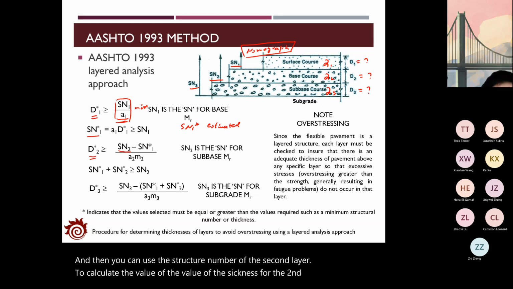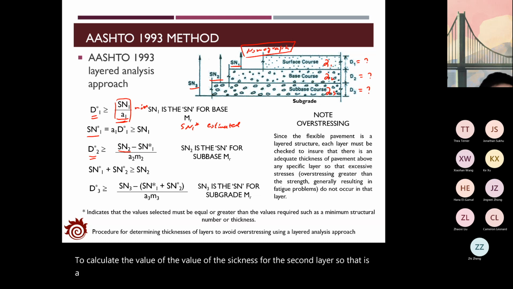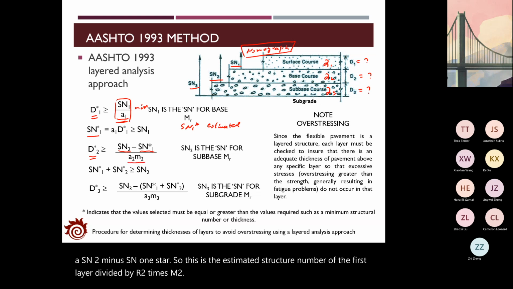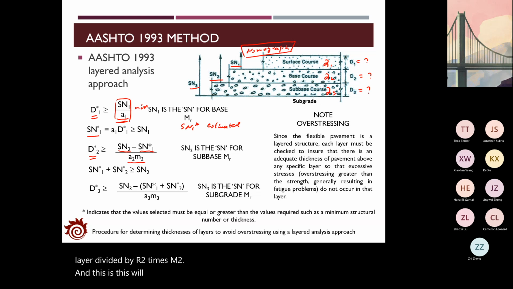So that is SN2 minus SN1 star, divided by alpha 2 times M2. And this will give you the value of the second layer, and you should be able to find out the closest value of D2, which should be higher than this ratio.